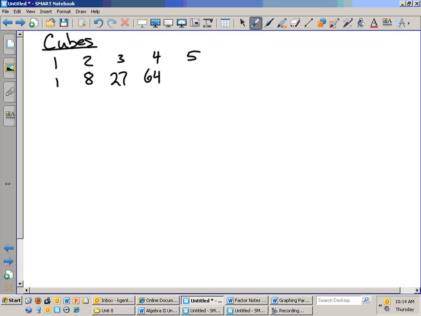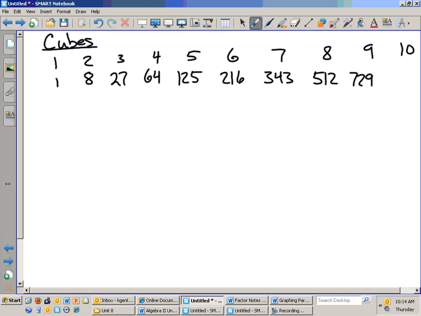Times 5 more is 125. 6 cubed. 6 times 6 is 36. Times 6 more is 216. 7 cubed, 343. 8 cubed, 512. 9 cubed, 729. 10 cubed, 1,000.